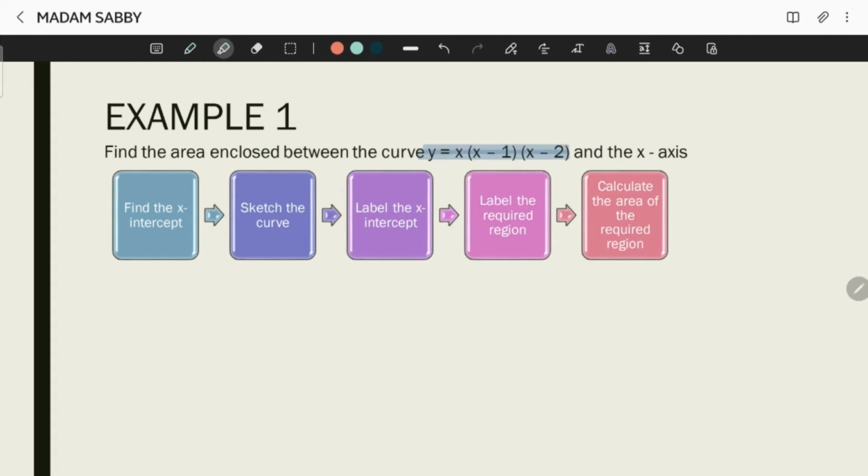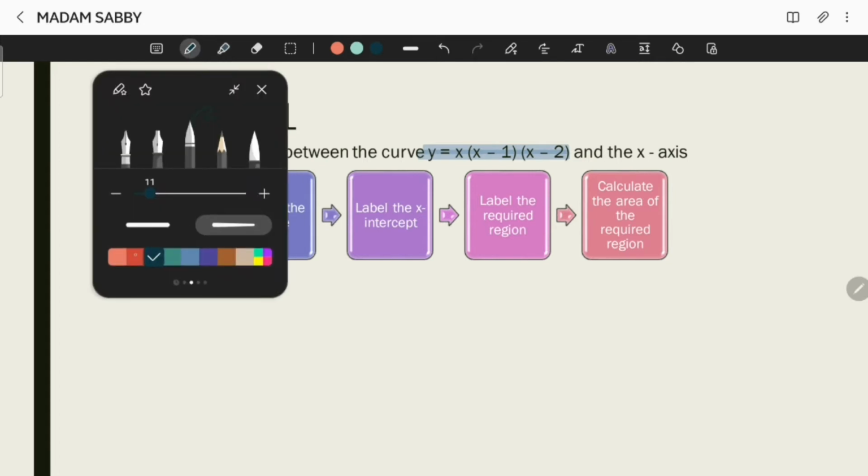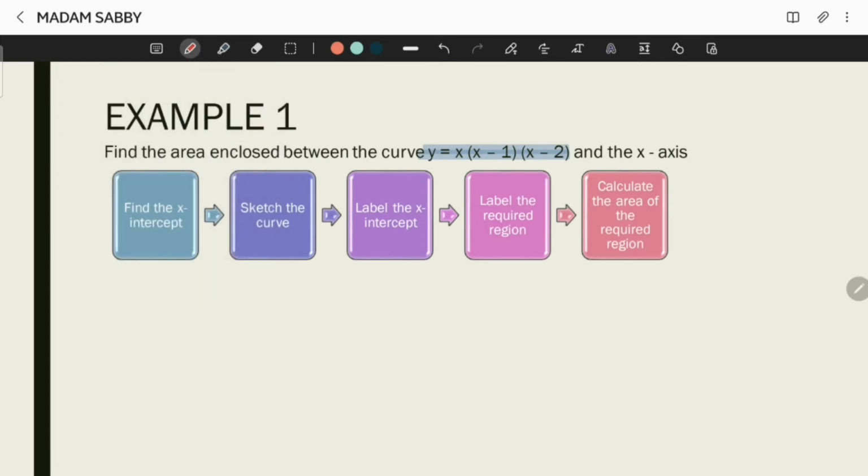From this equation you can directly determine the x-intercept of the curve. How do we determine the x-intercept? We set y equals 0, which gives x(x minus 1)(x minus 2).